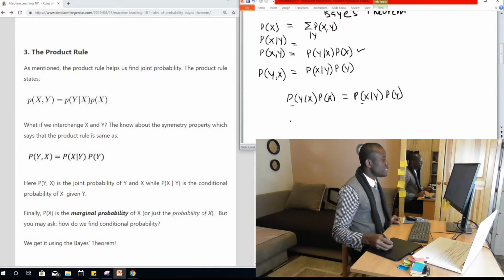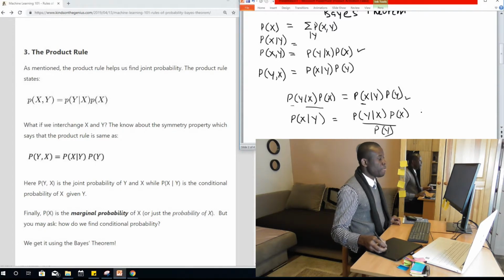Using the expression from high school, we can find the conditional probability of X given Y. This term is equal to the conditional probability of Y given X times the marginal probability of X, all over the marginal probability of Y. So this is Bayes' theorem, sometimes called Bayes' rule.